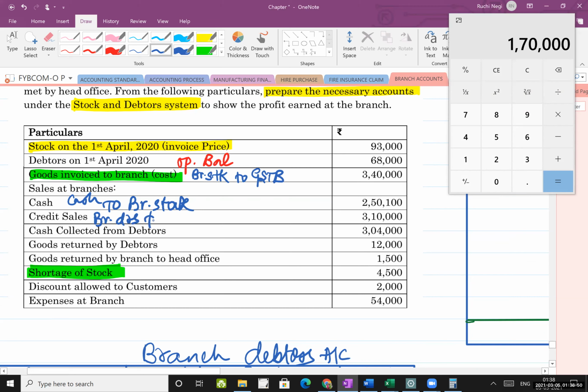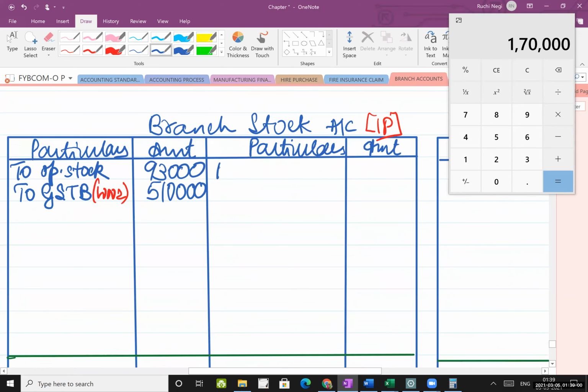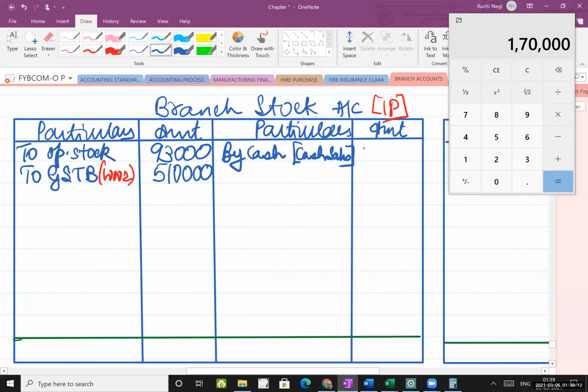So let us substitute this entry. Cash to branch stock. So right here by cash, right here cash sales, 2 lakh 50,000.